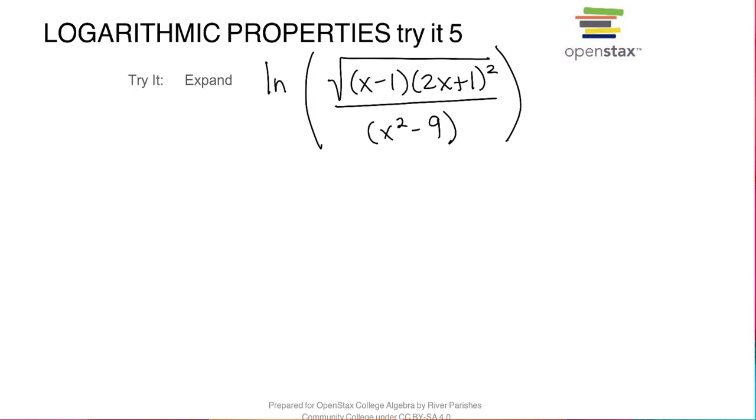So the first thing that we want to do is simplify anything that can be simplified by factoring, and remember we want to write it in prime factors, and we also want to convert any radical notation into exponential notation. So that's the first thing that I'm going to do here.